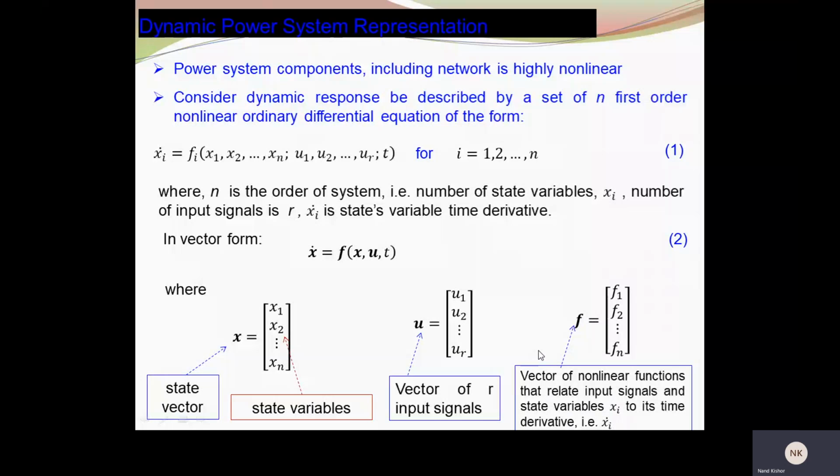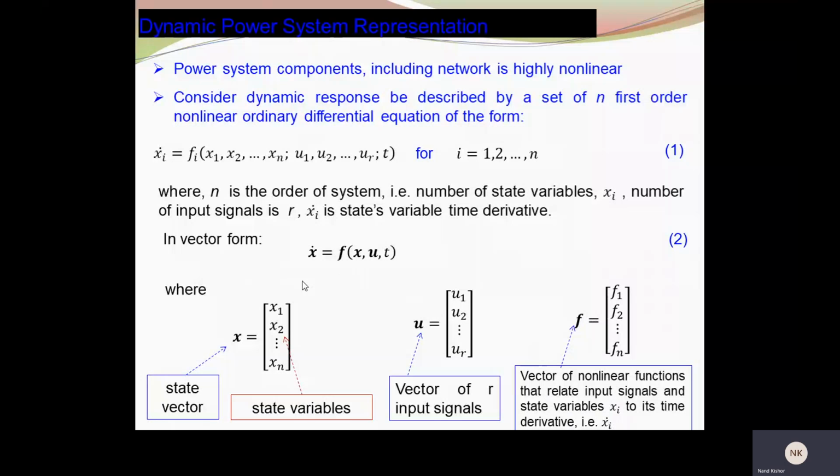Now, the state of the system represents the minimum amount of information about the system which is essential to describe its future behavior without any reference to input at time t naught.